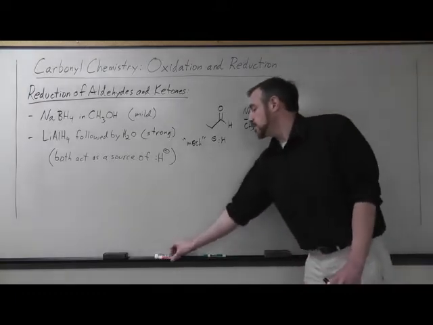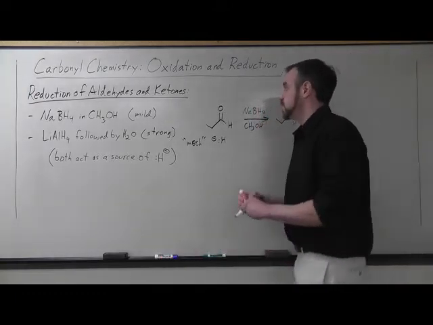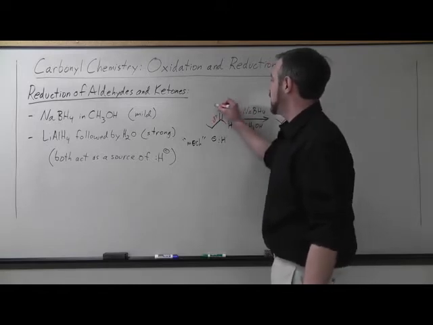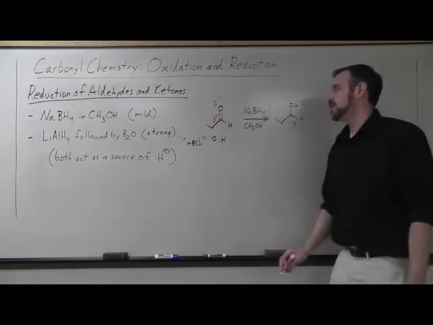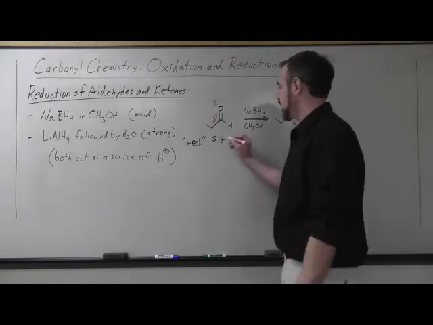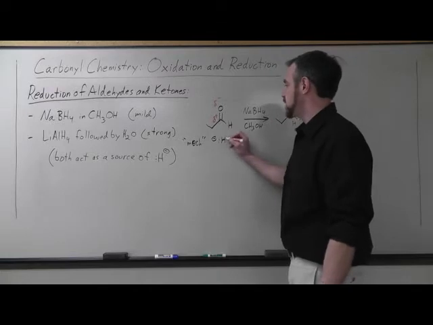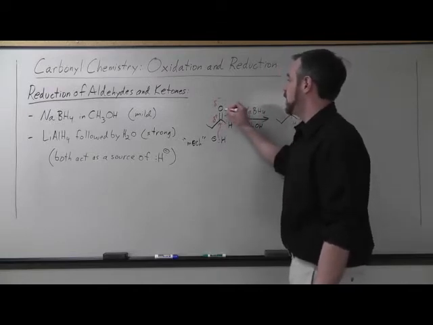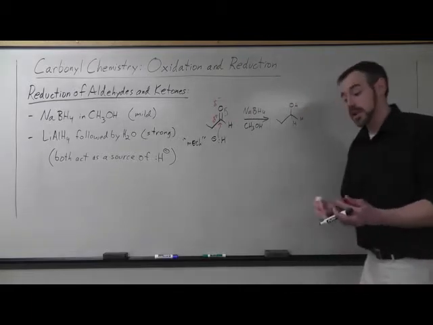And so the carbonyl carbon, as we've been introduced to before, is very much partially positive. The oxygen is partially negative, and so it attracts nucleophiles to it. And so H- can go in and form a bond that breaks the pi bond of the carbonyl.